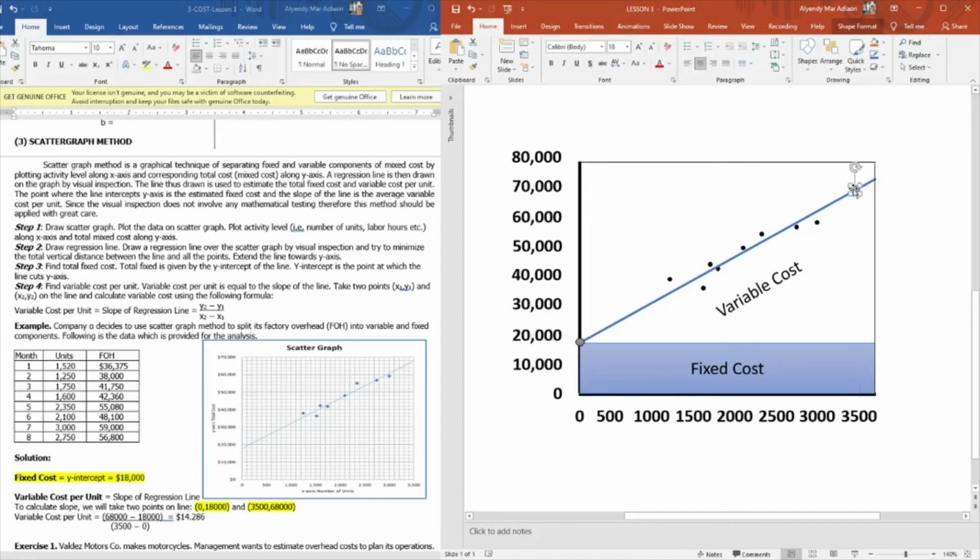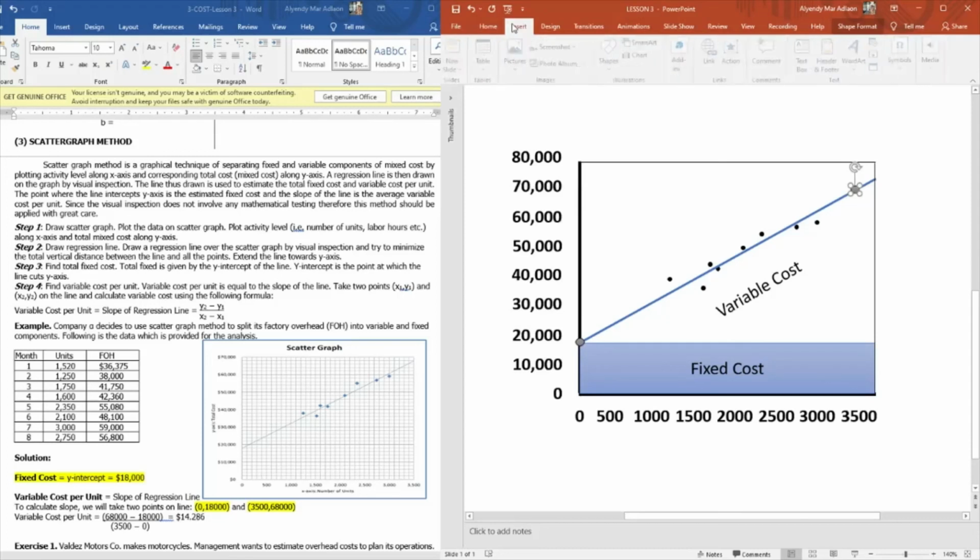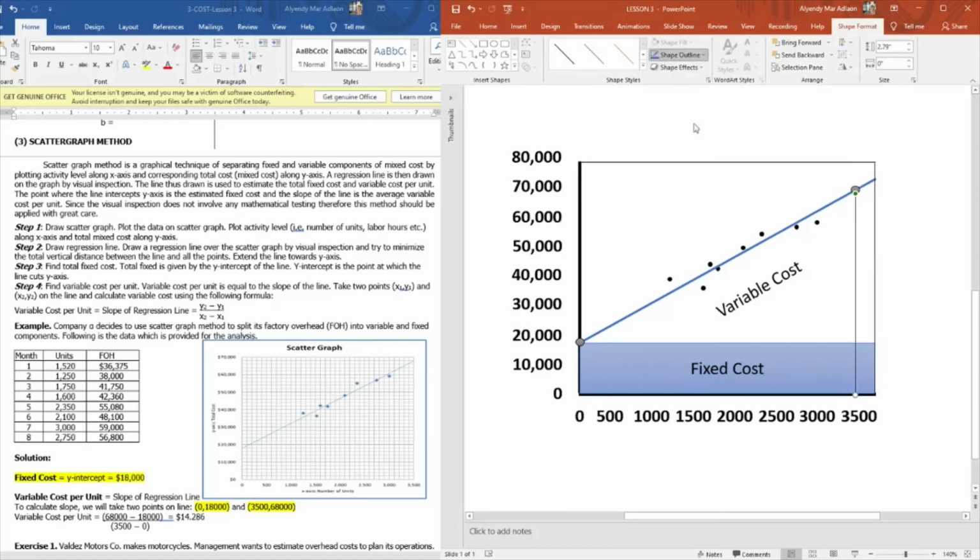So we can actually make a line here so that it is easier to see, so that you know where the 35 and 68,000 come from.